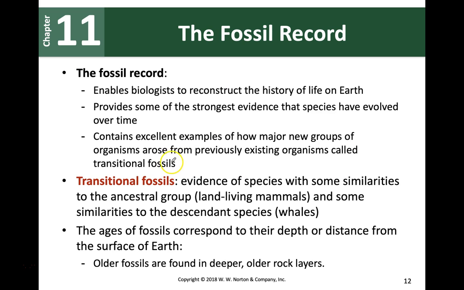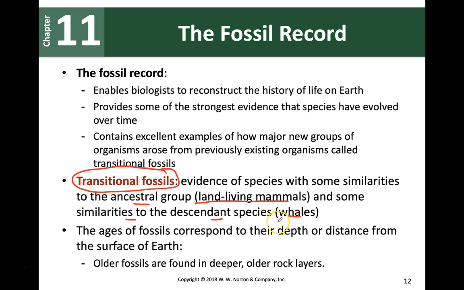Also, I want to stress this word here, transitional fossils. You want to be aware of what that means. Evidence of species with some similarities to their ancestral groups. You can see a land-living animal. We're going to see this example later on: how a land-living mammal, which was the ancestor, is similar to the descendant species, which is whales.